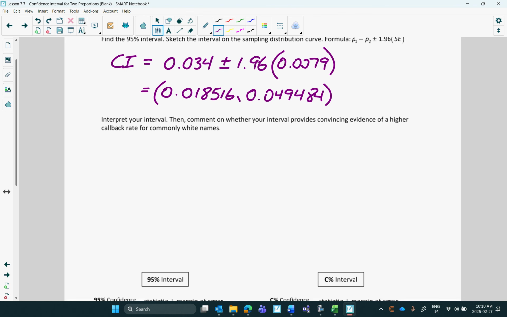So, answer 2 questions. Interpret the interval. Well, you guys should know how to do this. You just wrote a test, which is very similar. How would I start it?